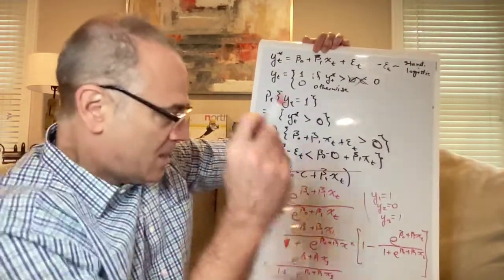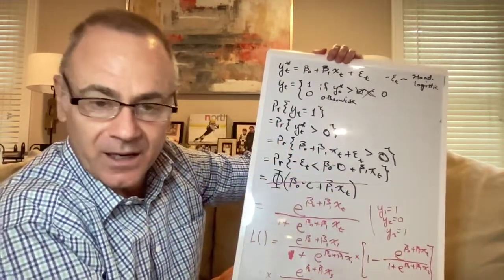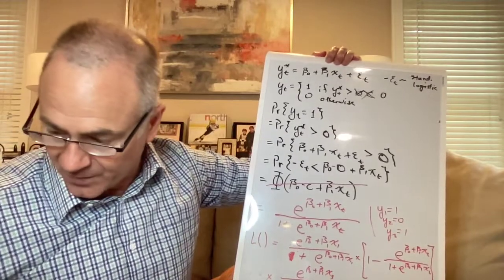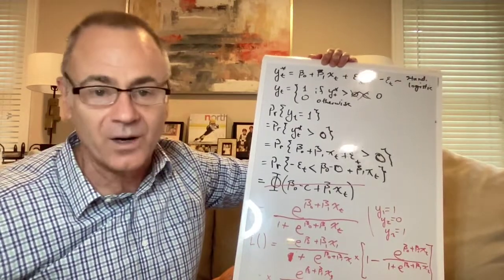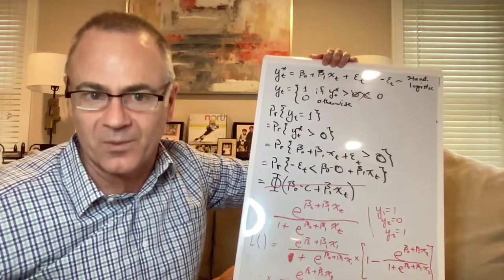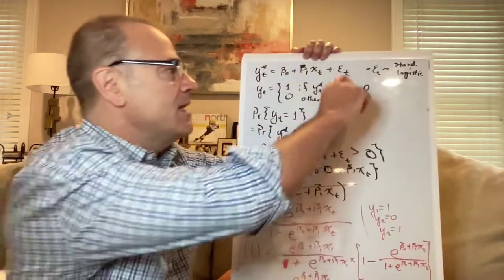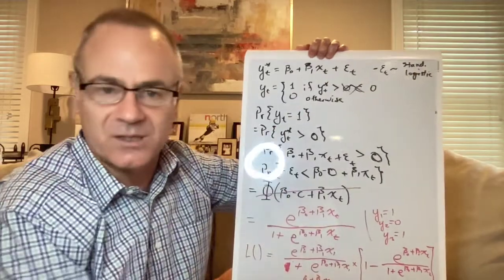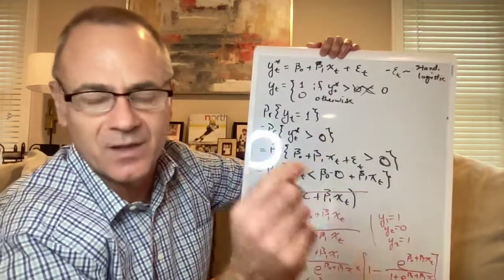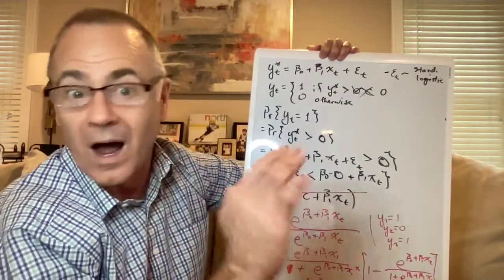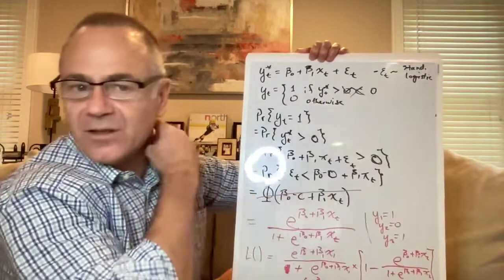Now here's what I want you to remember. Here's where we're going. Now I'm going to start talking about the McFadden paper. In the McFadden paper, he makes a similar assumption about epsilon t. Instead, he's going to assume that epsilon t is distributed Weibull instead of standard logistic.